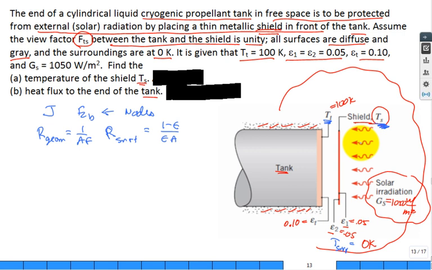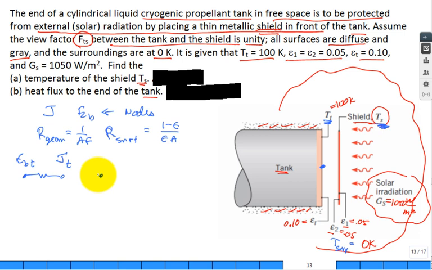So this was the hardest part of the problem, is setting up. And so what I would do is I would maybe try to say right here, I'm going to have an EB of the tank. And because I have some emissivity of the tank that's different than 1, I'm going to come off and I'm going to have J of the tank. And then I look at what I have over here. I have a shield. Well, okay.